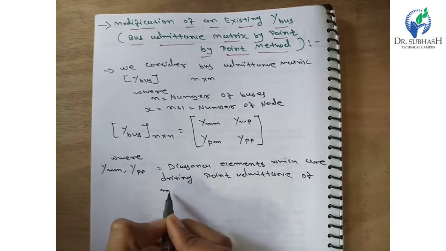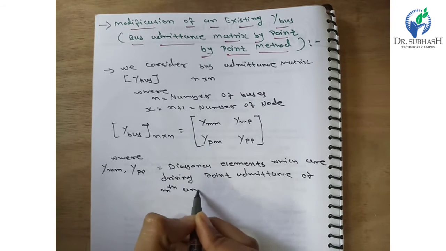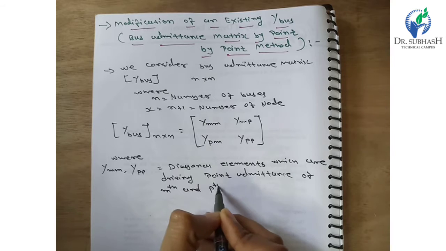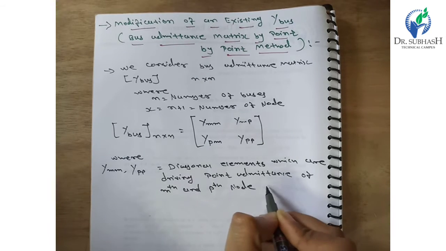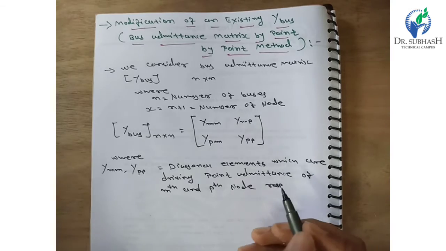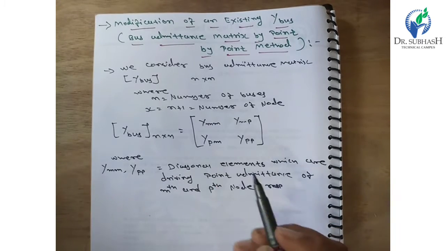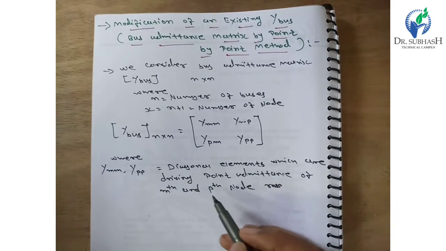For the example purpose we write node M and node P, in the example basis 1 up to n respectively.